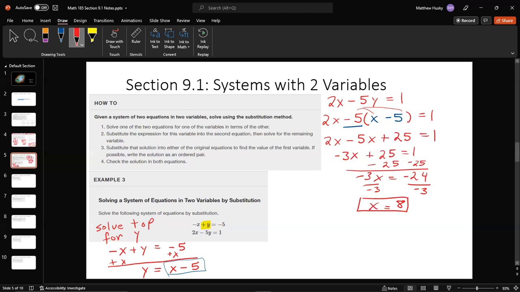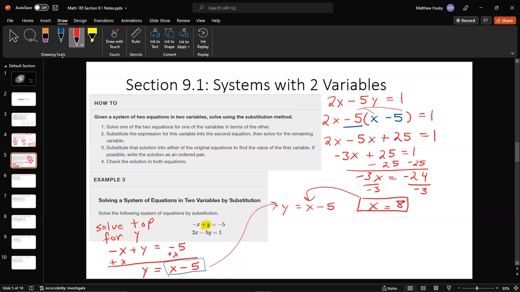So I have half of what I'm after. I know the value of x. Now what I need to do is go back and find y. So I'm going to take this that I ended up with here, y equals x minus 5. And I'm going to put the value for x that I just obtained into that equation.